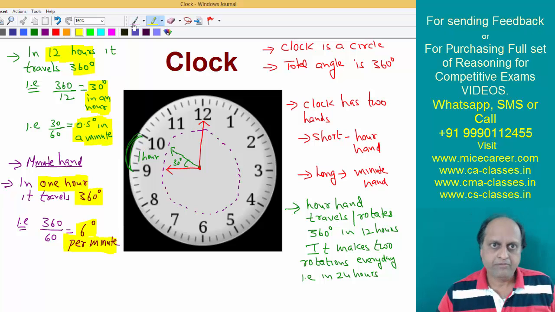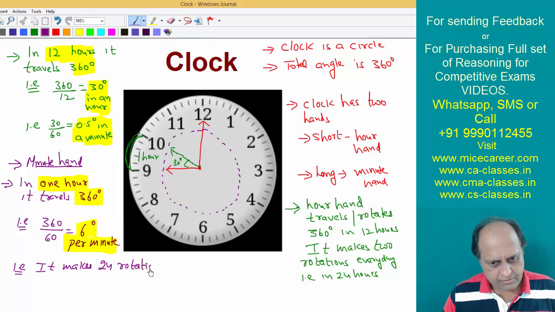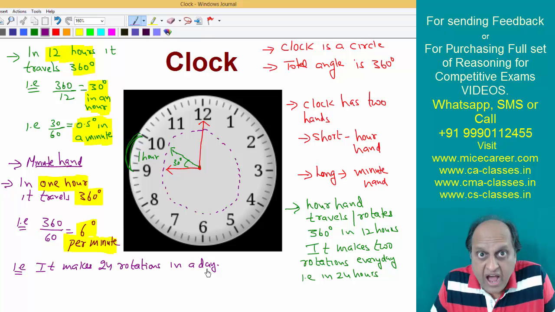Fine. Now, the minute hand makes 24 rotations in a day. Why? Because in 1 hour it makes 1 rotation and there are 24 hours in a day.